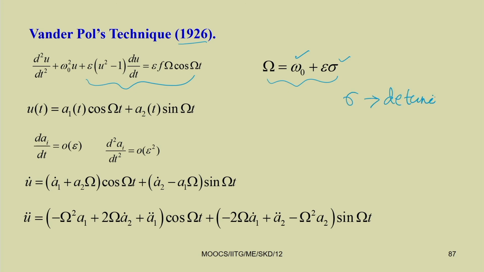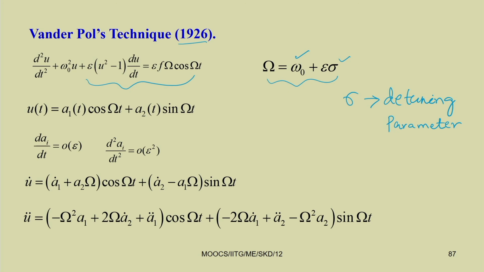So, it represents the nearness of this external frequency to that of the natural frequency of the system. In many literature, sigma is taken to be plus minus 10% of omega 0.